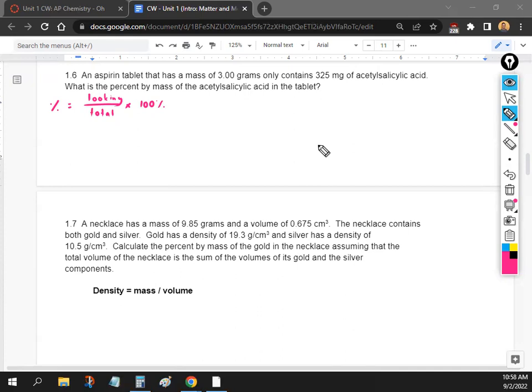Okay, so if you take a look at the problem, it says that an aspirin tablet has a mass of 3 grams, but it only contains 325 milligrams of acetylsalicylic acid, okay? So again, I'm a bad artist, but I'm gonna draw a picture because it helps me think about things. You got an aspirin tablet, just a circle, and it has a mass of 3 grams.